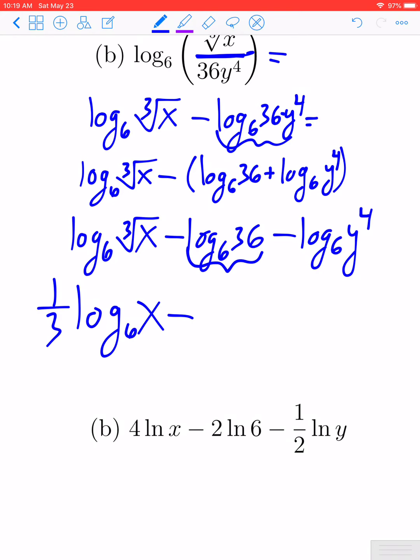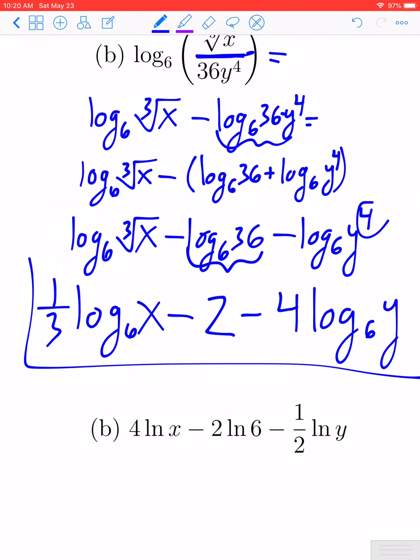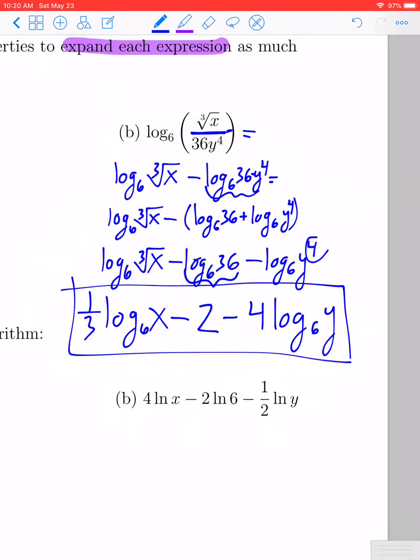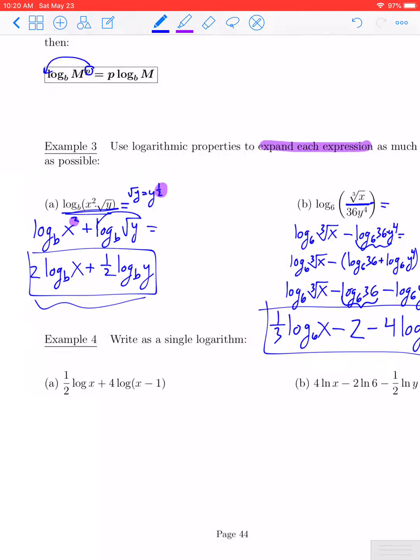Well, because 6 squared is 36, then log base 6 of 36 is going to be equal to 2. It's that exponent. And then minus here, we can use the power rule. Bring that 4 out in front as 4 times log base 6 of y. So there you have it. We've used the properties of logarithms to expand that expression.